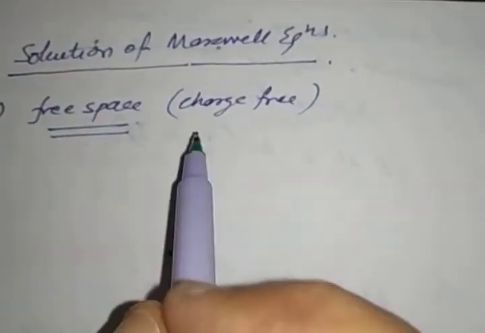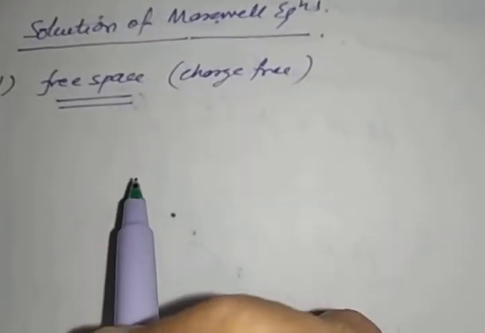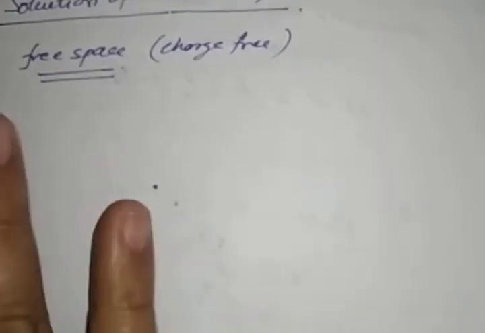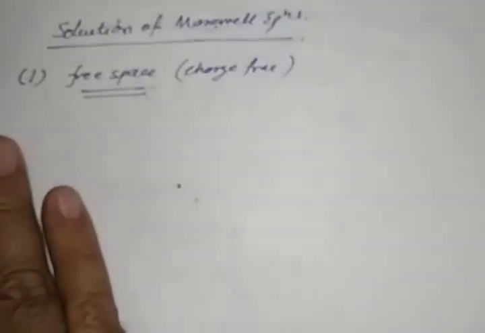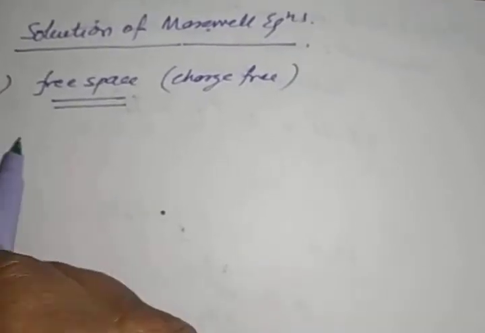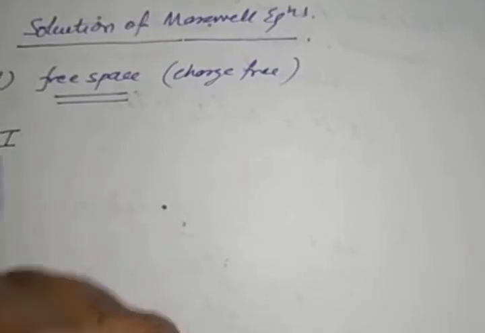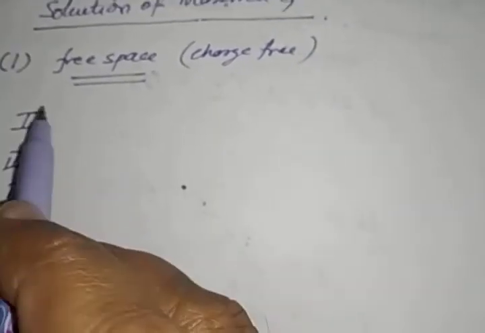So when we say this is charge free, there are certain parameters we need to consider, the values of different parameters for Maxwell equations. So first we will see how the Maxwell equations will change according to this environment. First we will write the original Maxwell equations in differential forms. There are 4 Maxwell equations, so we will write these 4 equations in differential form.